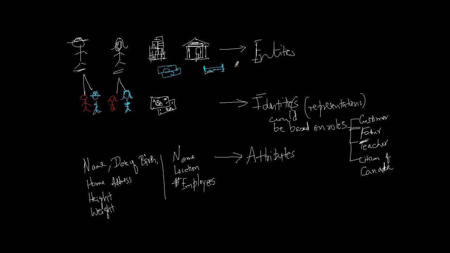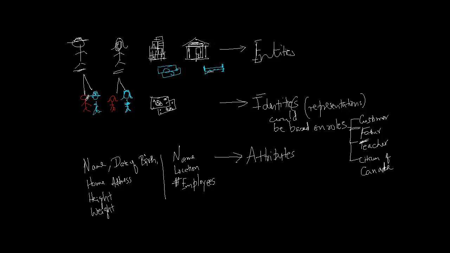In the world of identity management, we translate these into identities. So that is the second row right here running across. Now identities could in general be based on roles that these entities perform in this world. So in here, this person wearing a hat, it appears this person has two identities.